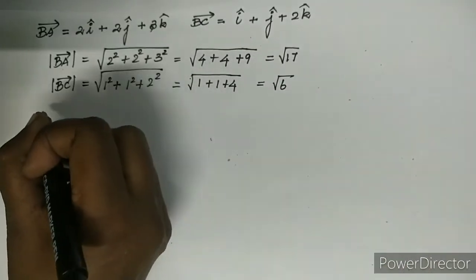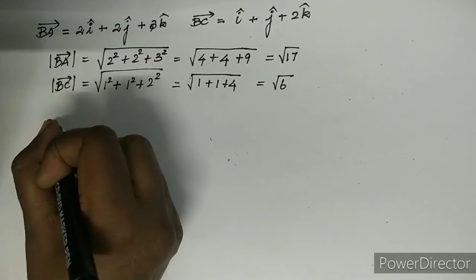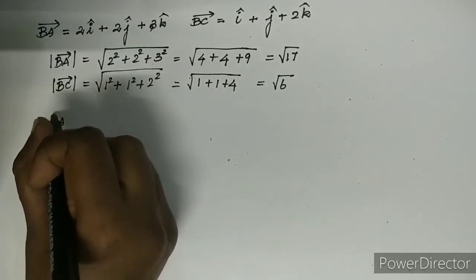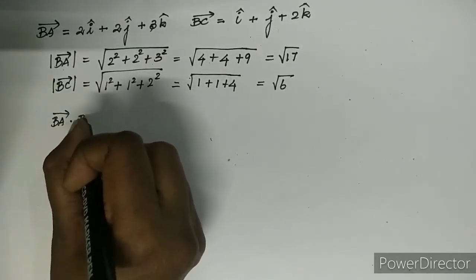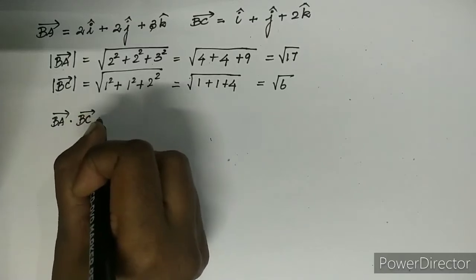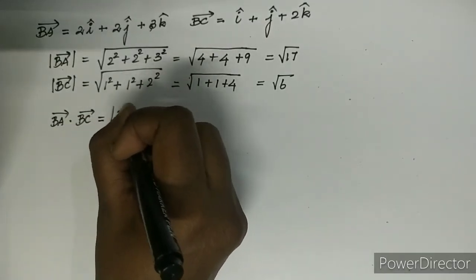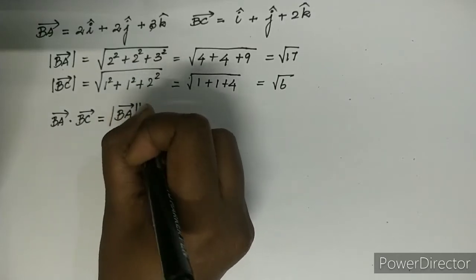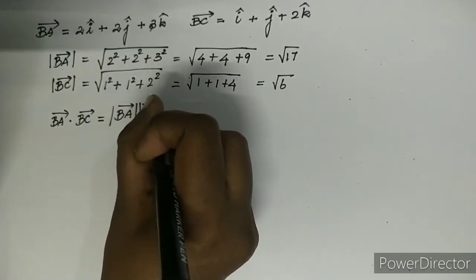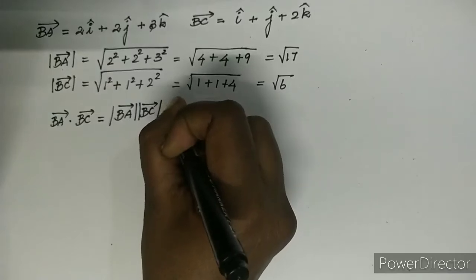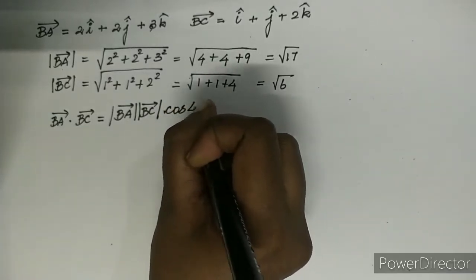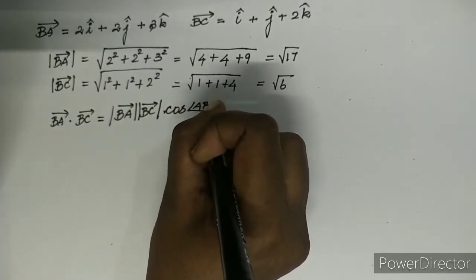Now we'll substitute in the formula, that is BA vector dot BC vector is equal to magnitude of BA vector into magnitude of BC vector into cos angle ABC.